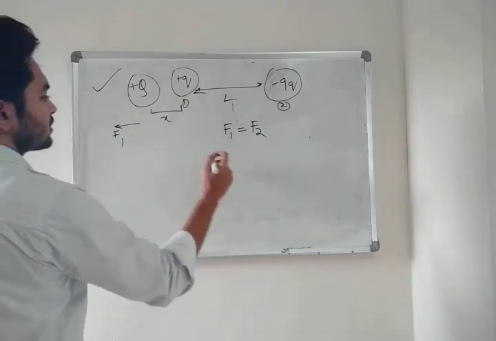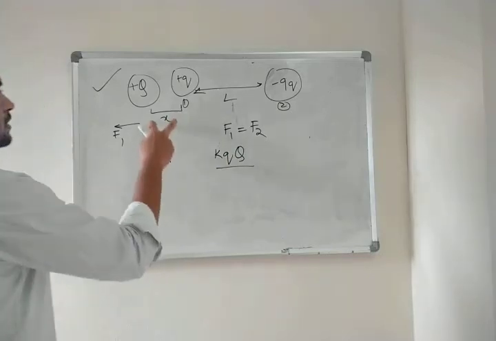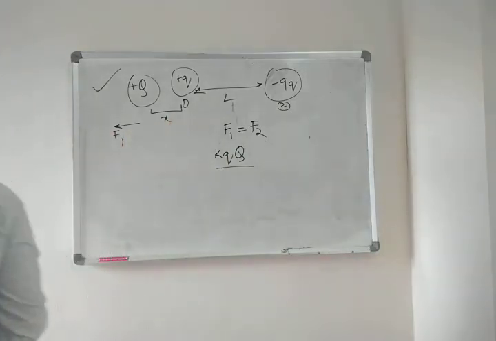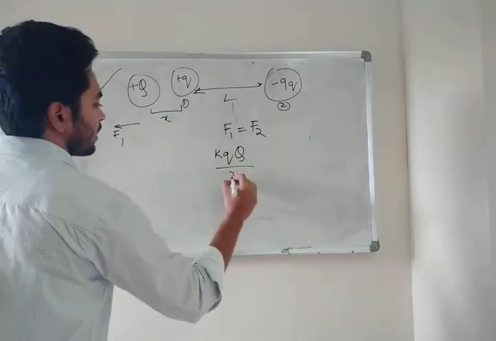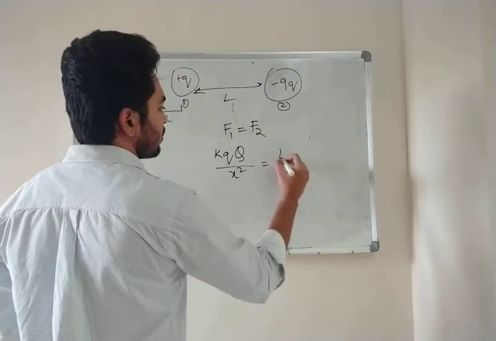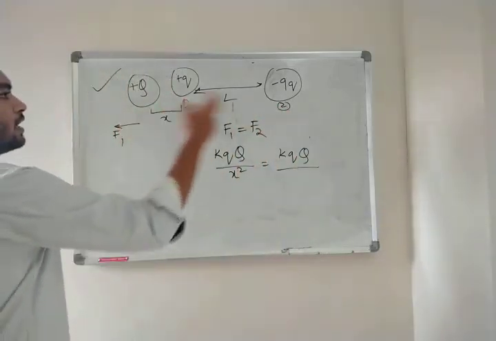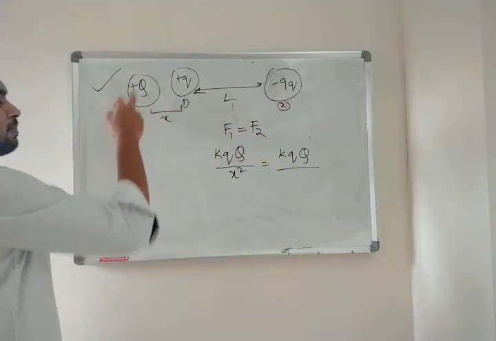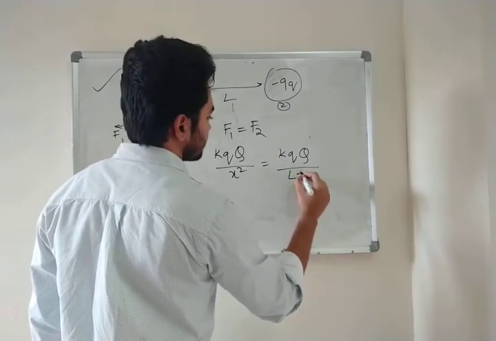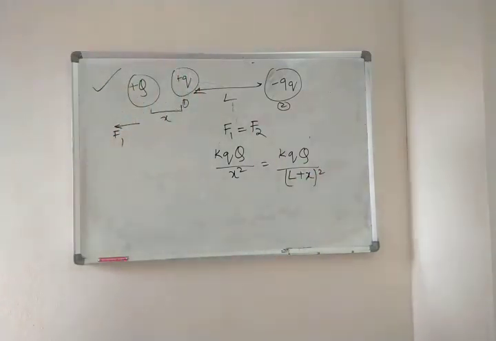So what is K Q by how much? K Q by x square. Now what is F2? K Q by the total till from 2 to here plus q. So L plus x whole square.